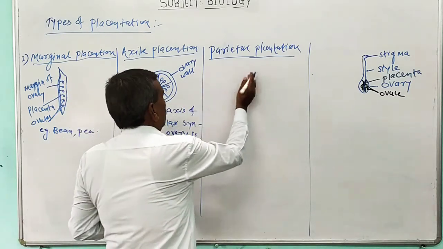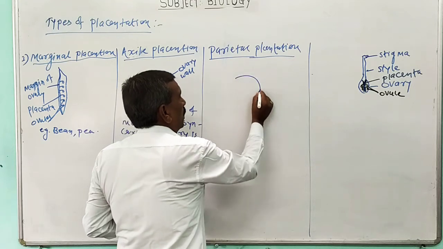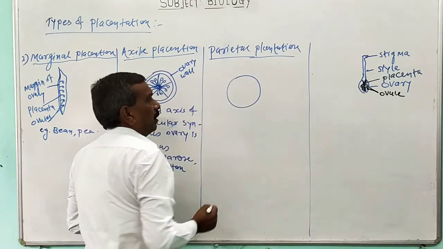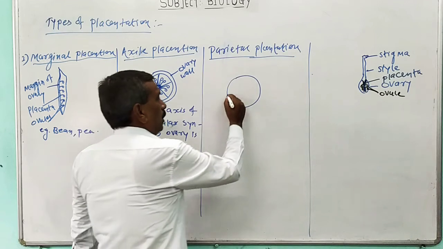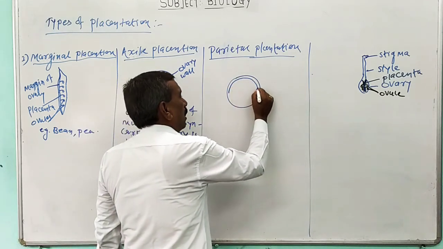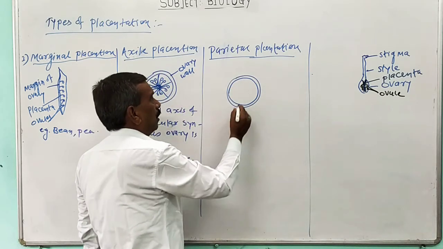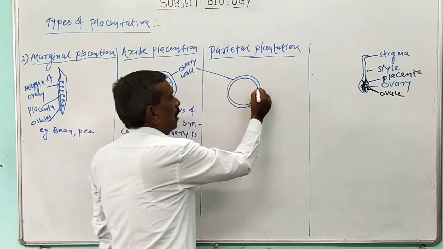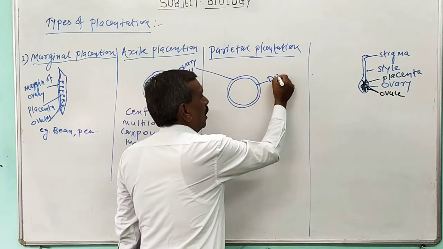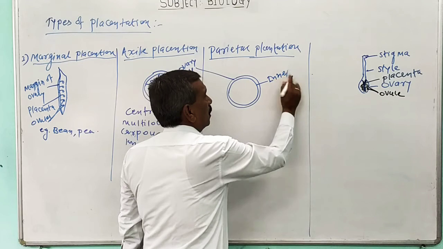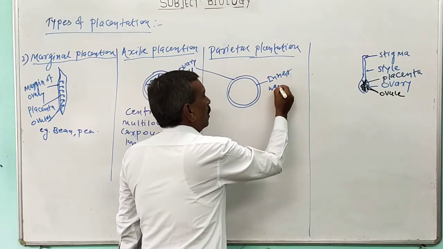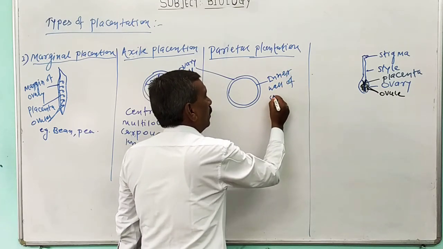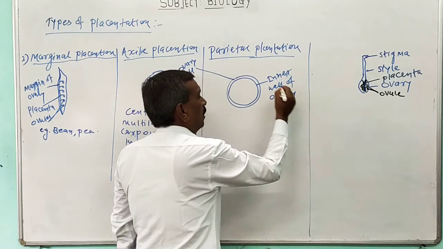Now suppose this one is a TS of ovary. This one is the ovary wall and this one is the inner wall of the ovary in a TS.